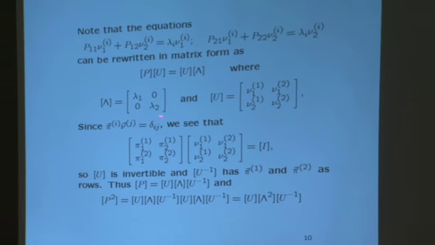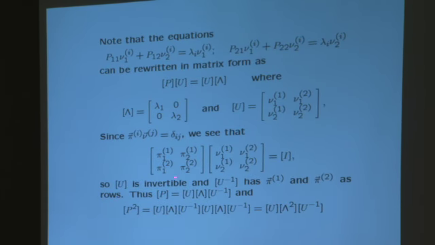Because of this orthogonality relationship, the matrix whose rows are the left eigenvectors times the matrix whose columns are the right eigenvectors is equal to I, the identity matrix. That's what this orthogonality relationship means. This means that this matrix is the inverse of this matrix. This proves that U is invertible.